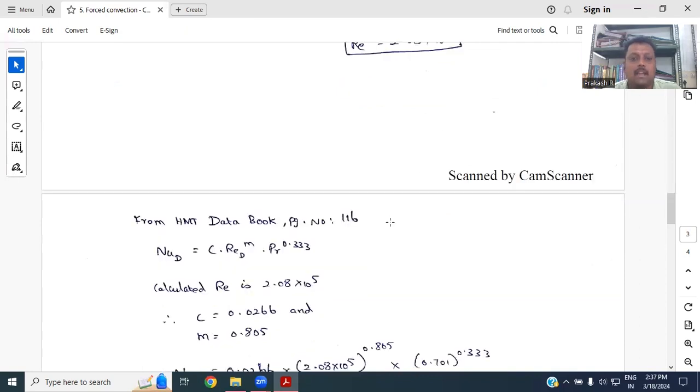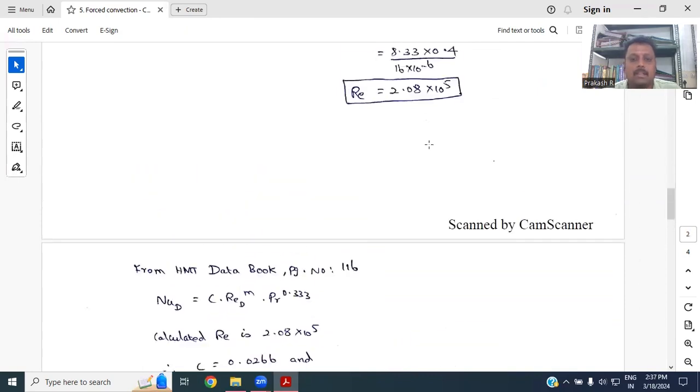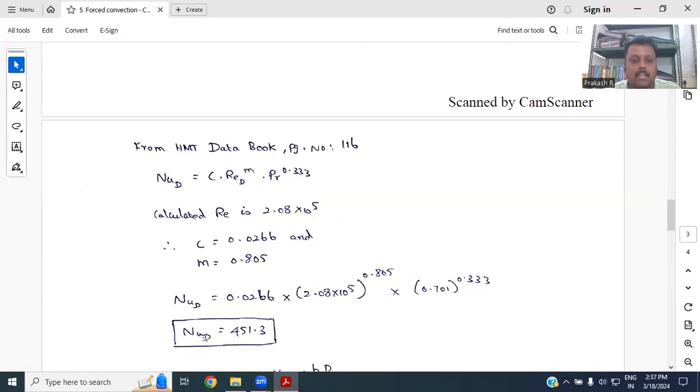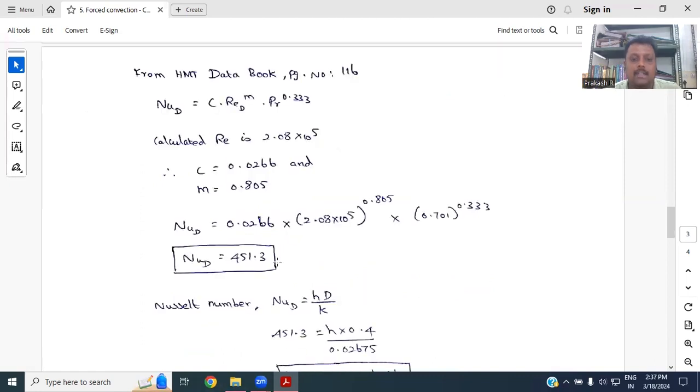There will be a slab for the Reynolds number. If the Reynolds number is less than 2.0 into 10 power 5, we can take C is equal to 0.0266 and M is equal to 0.805. By substituting this C and M in the formula, we can find the Nusselt number value is 451.3.